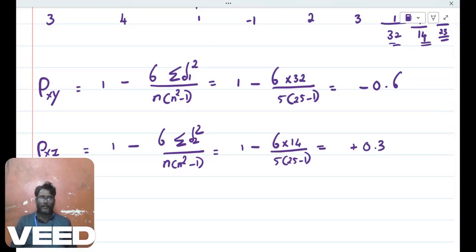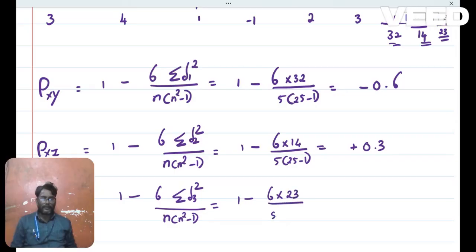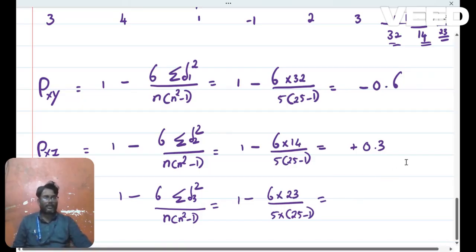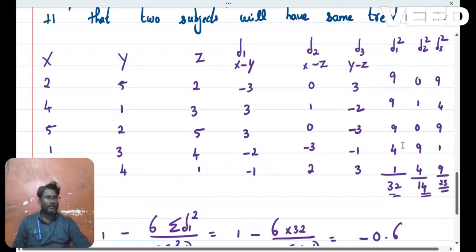Next, rho of y z is equal to 1 minus 6 sigma d3 square divided by n into n square minus 1, which is equal to 1 minus 6 into 23 divided by 5 into 25 minus 1. Check it, it is again 32.